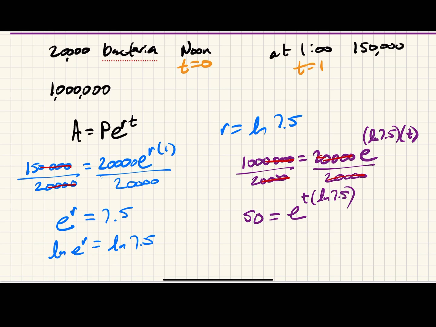I wrote them in the other order to make it easier. Okay, well, it looks to me like I'm going to do a natural log again, right? So I'll take the natural log of 50, equal to natural log of E raised to the T times the natural log of 7.5. And now I can shrink everything.